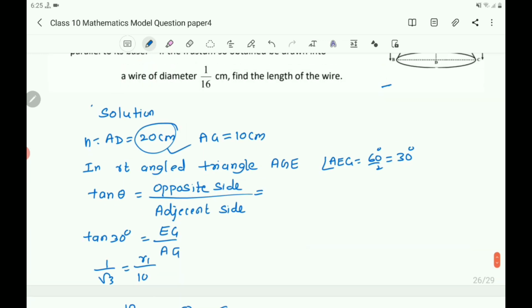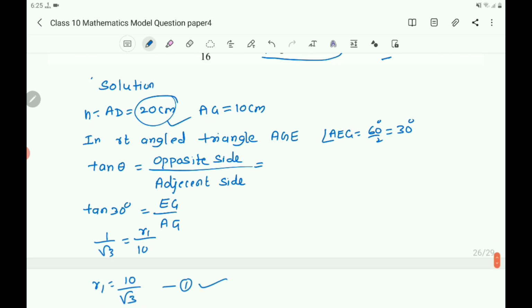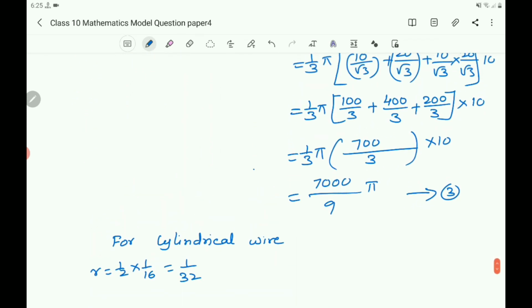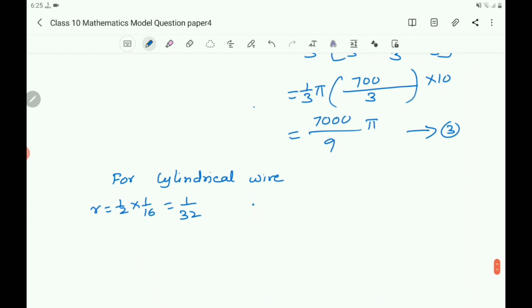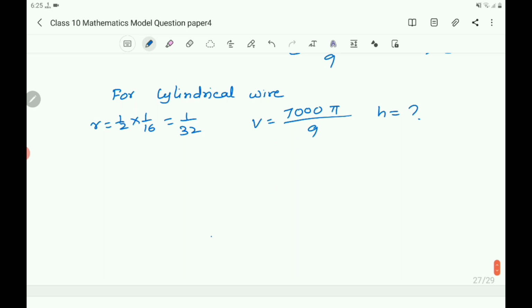And what we have to find out? We have to find out the length of the wire, that is nothing but the height of the cylinder. And volume is this much, that is V is equal to 7000 pi by 9 and H equals question mark. Write the formula for the volume of cylinder.